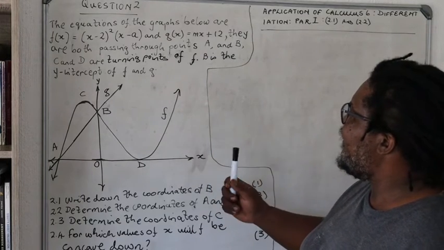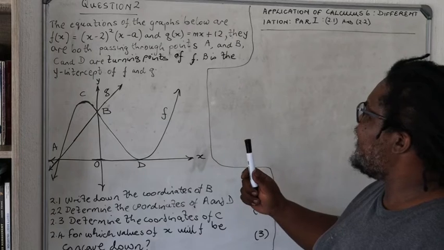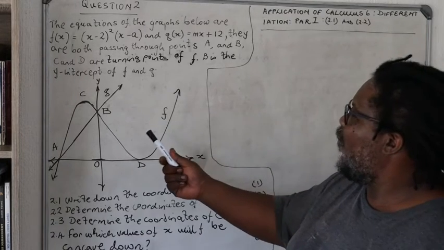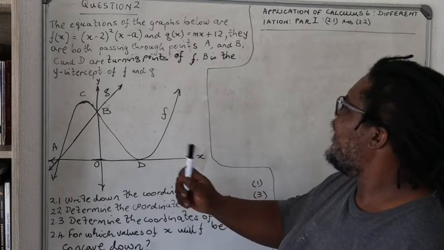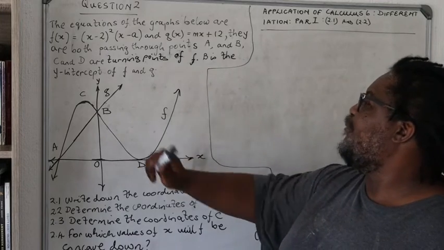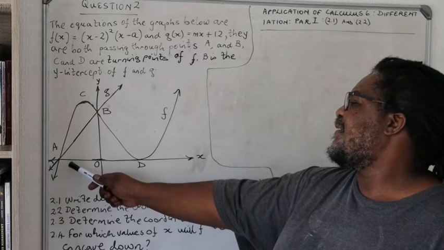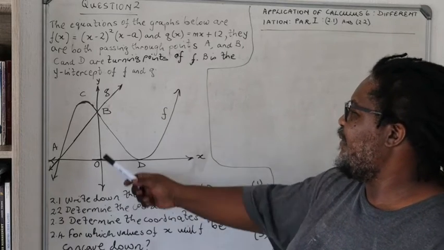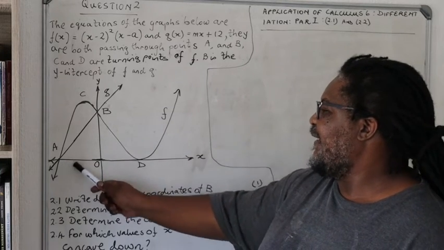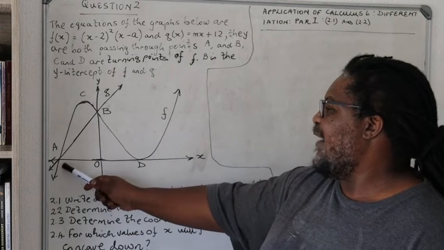That means the point at which the line cuts the y-axis, which here is B. And also A is an x-intercept, because that is the point where the line cuts the x-axis and y is 0 there.